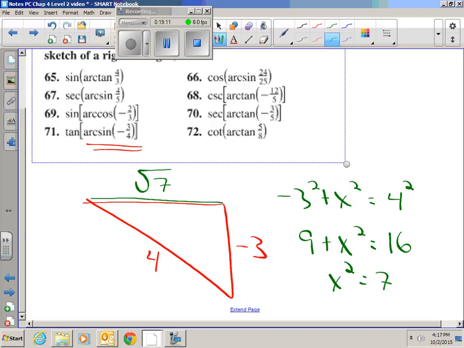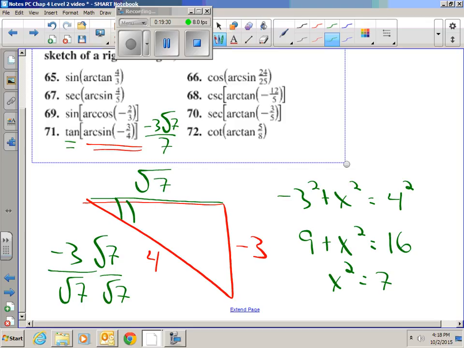So now the tangent of my angle is going to be -3 over √7, which when I rationalize is going to be -3√7 over 7.